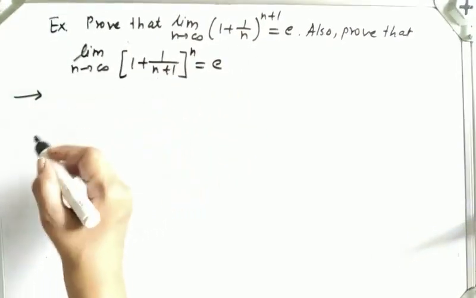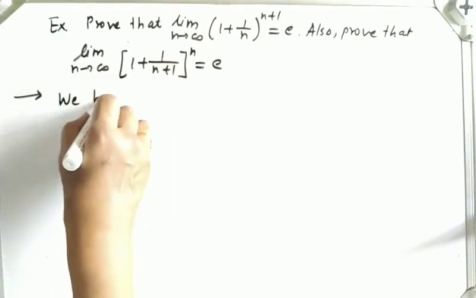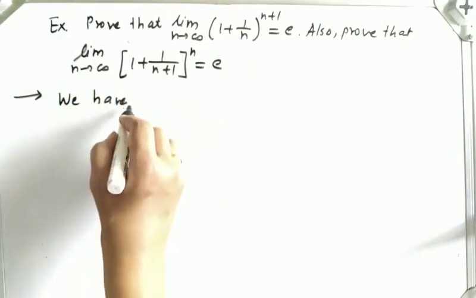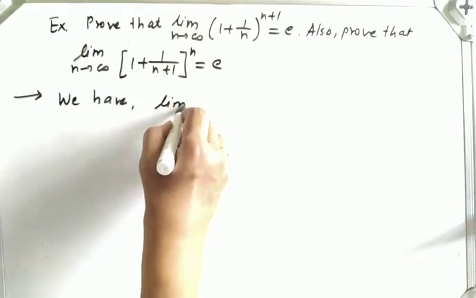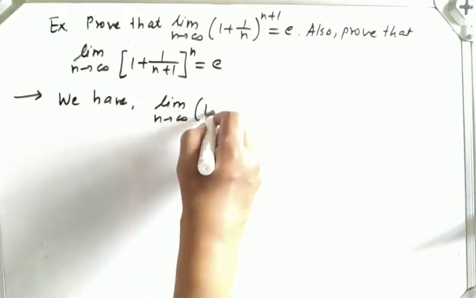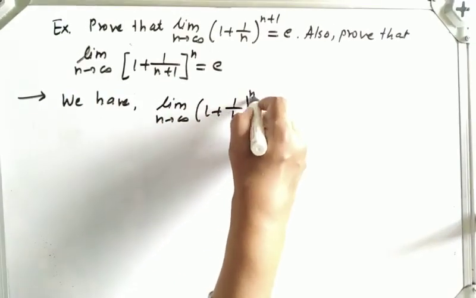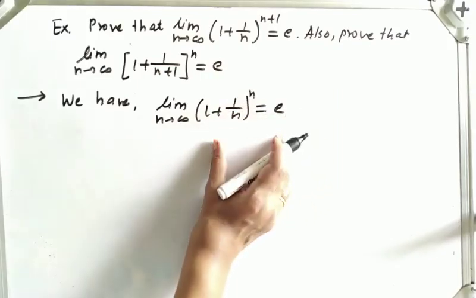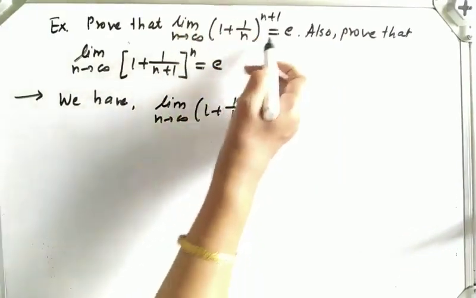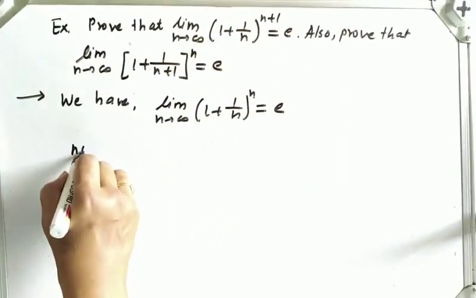So first of all, related to it we know the result that limit n tends to infinity (1 plus 1 upon n) raised to n is equal to e. We know this result, okay, so we will use it. So first we have to prove this part. So let us take the right hand side.